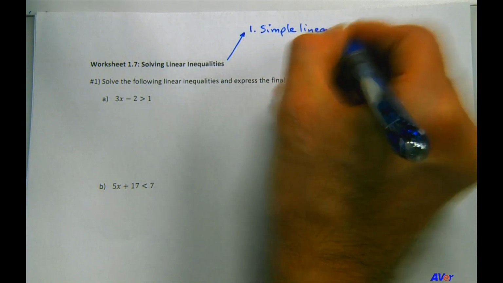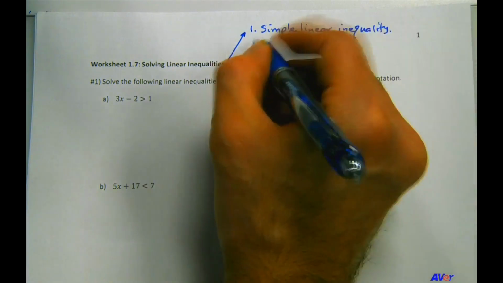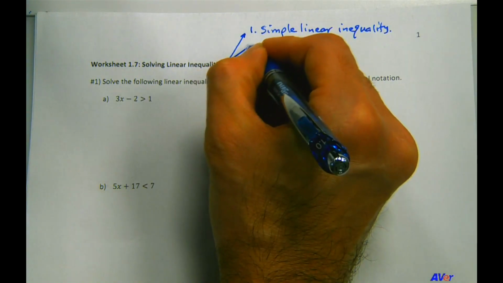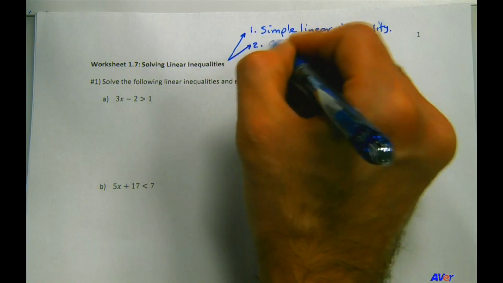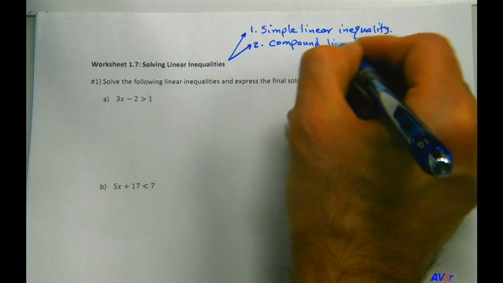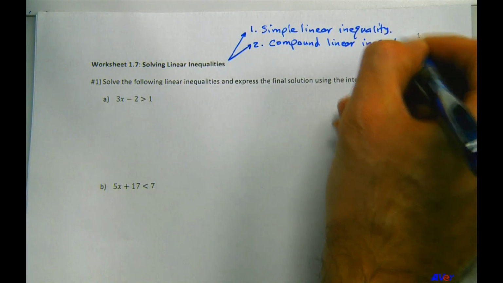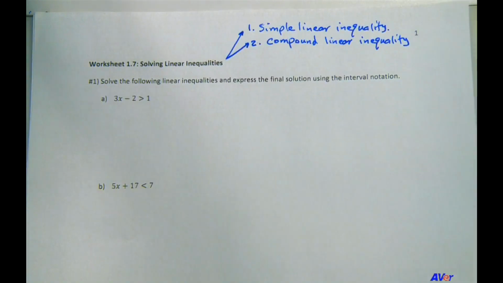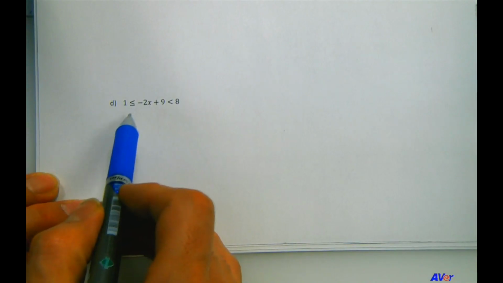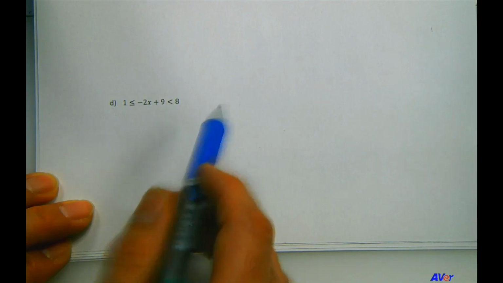Another type of linear inequality is the compound linear inequality. For example, this one on this page, part D, that's an example of a compound linear inequality. So you have more than one inequality.